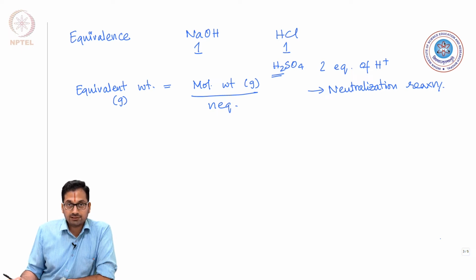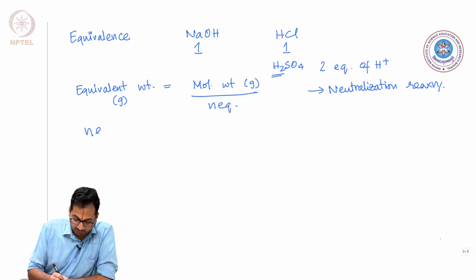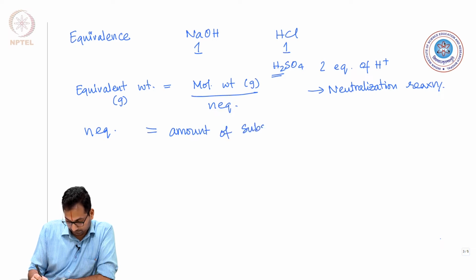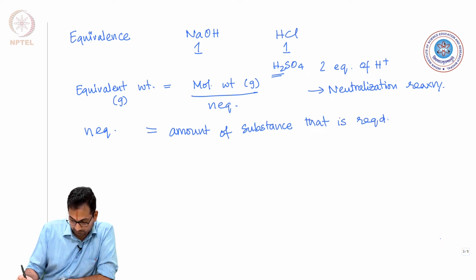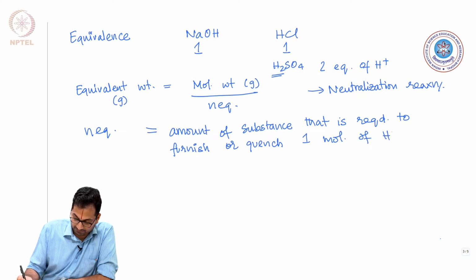In the case of a neutralization reaction, the number of equivalents is defined as the amount of substance that is required to furnish or quench 1 mole of H plus.